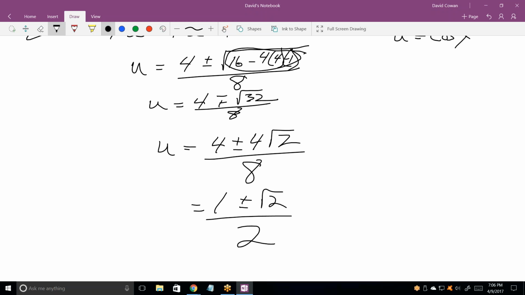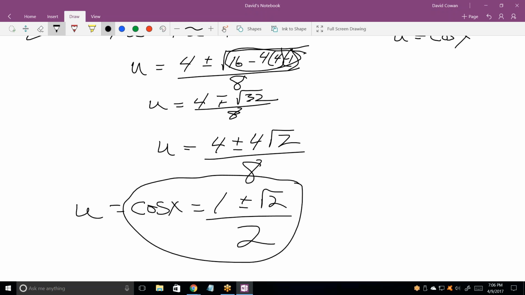With me? Yeah. And u is cosine of x. That's what we let u equal to. So what you did there was you factored out a 4 and then simplified. Well, yeah, I divided top and bottom by 4. That's all I did. Okay.